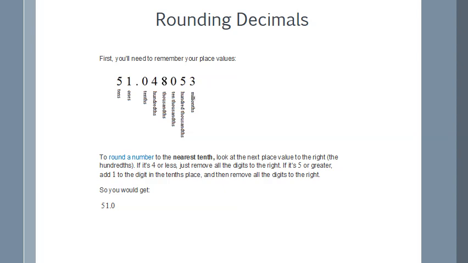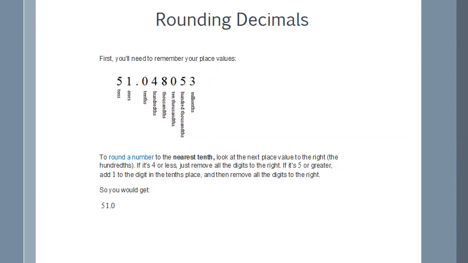So in order to round a decimal number to the nearest tenth, first of all, you have to know what the round off digit is, and that is in your tenths position. Of course, these positions are not going to be labeled on a test, you would have to know them. Tenths is 0. We have to look at the next place value to the right of that 0, which is 4.